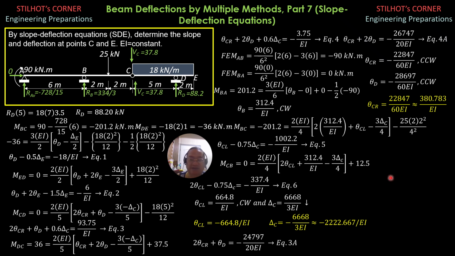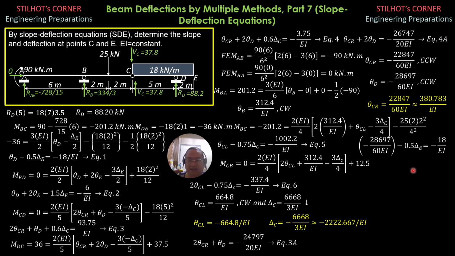Then we substitute the value of theta D into equation 1, to solve for delta E. So theta D, which is negative 28697, we copy this because this equation was set up based on slope deflection equation. So negative 28697 over 60 EI minus 0.5 delta E equals negative 18 over EI.